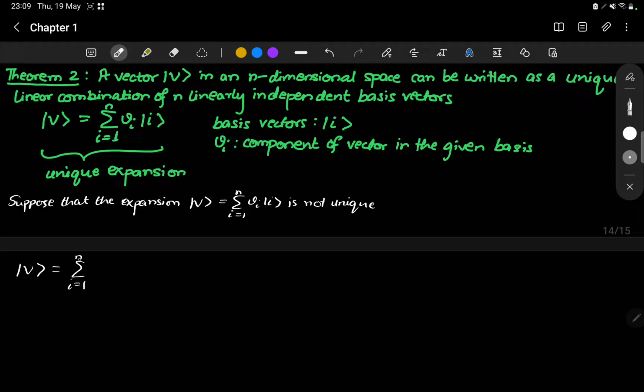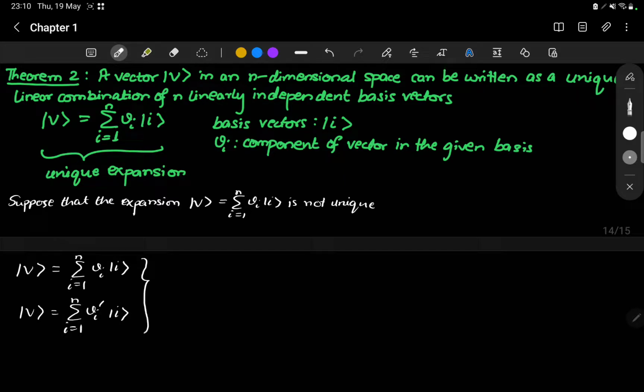So let the first expansion be as follows, as well as we can write v as a different kind of expansion in terms of the same basis vectors, so different components. So here we have the components vi, here we are having a different set of components vi prime. So the same vector can be written as different expansions having different coefficients, different components with the same basis.